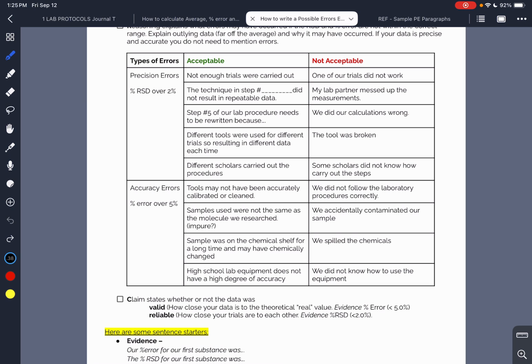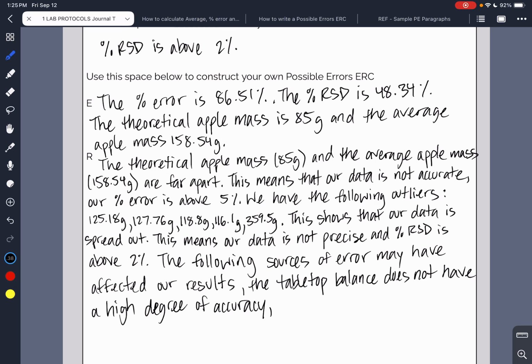The samples, and by samples we can be more specific, the apples we used were not all the same. So both of those would be examples of accuracy errors. This would explain why that percent error is so high.